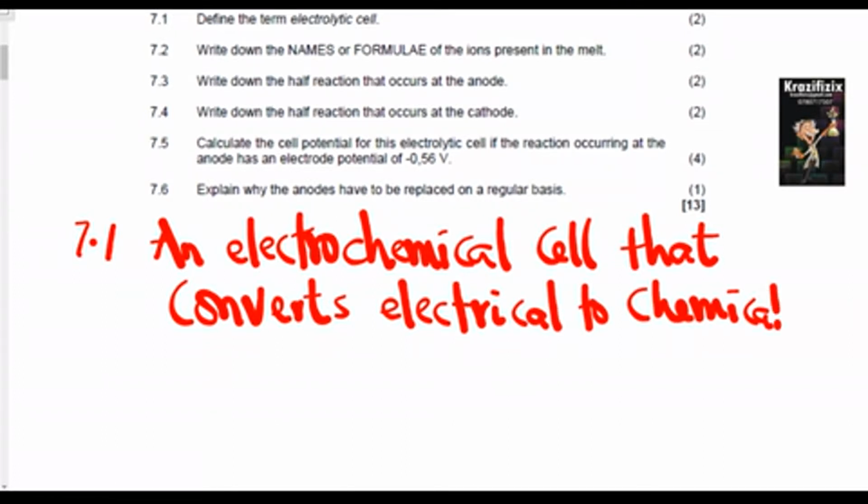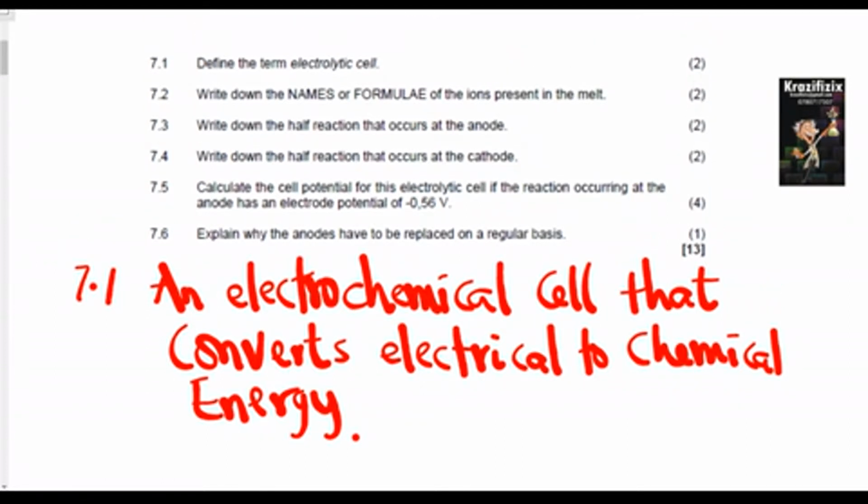That suffices enough to get you your marks. There could be so many other definitions that mean the same thing. If you write a cell where a chemical compound is broken down with the aid of electric current, it is still the same thing.